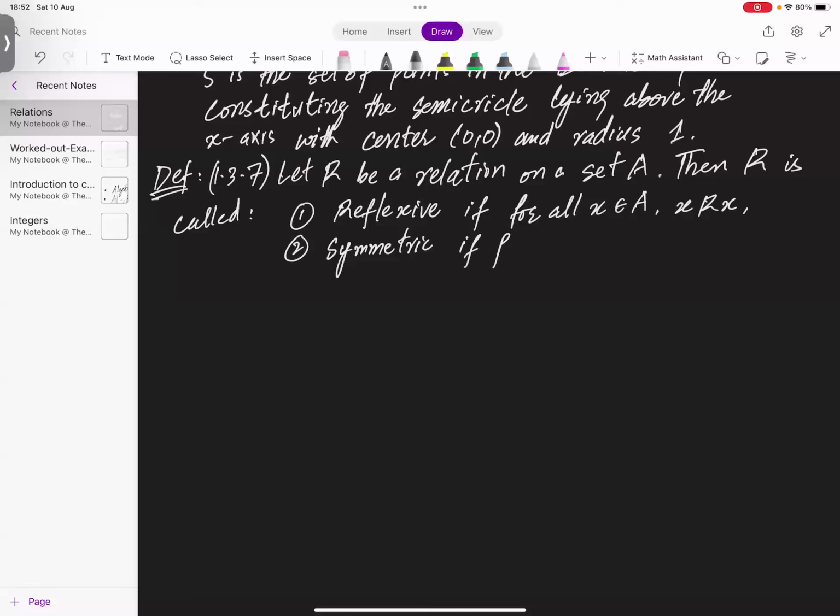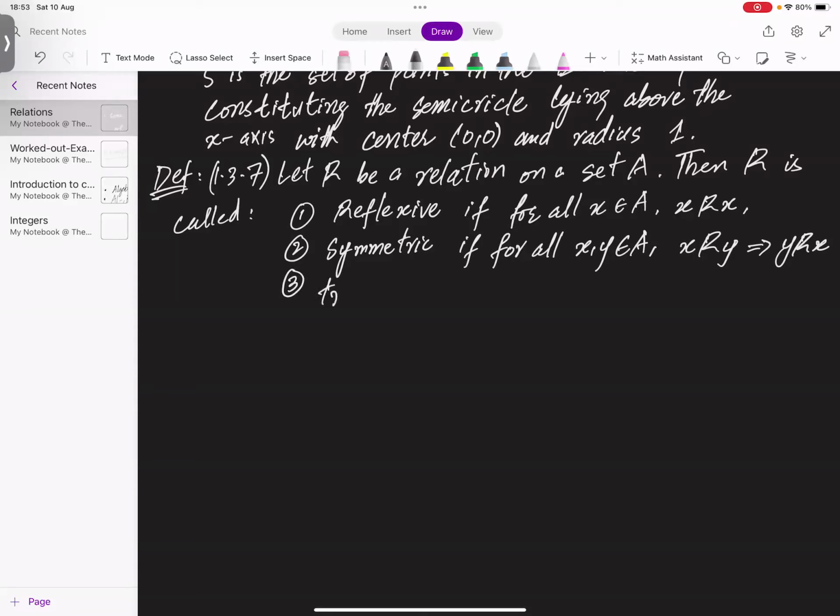if for all x, y in A, x is R related to y implies y is R related to x.